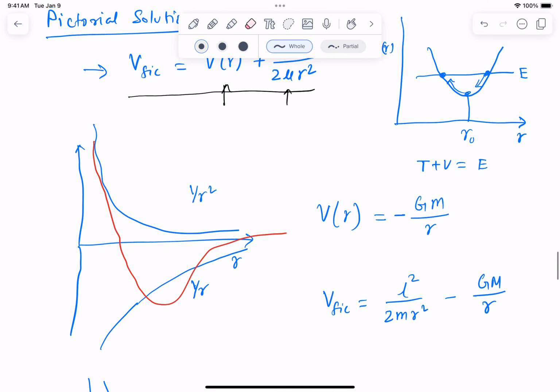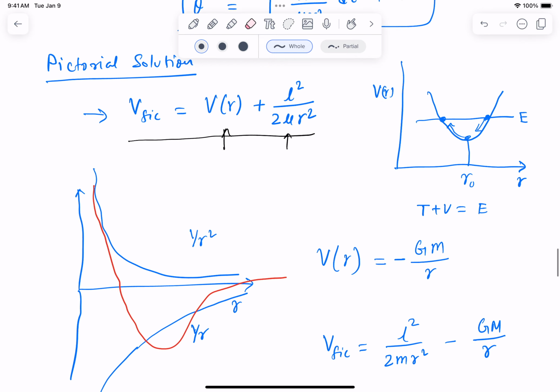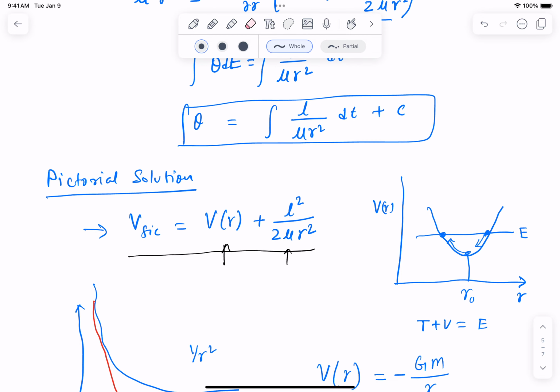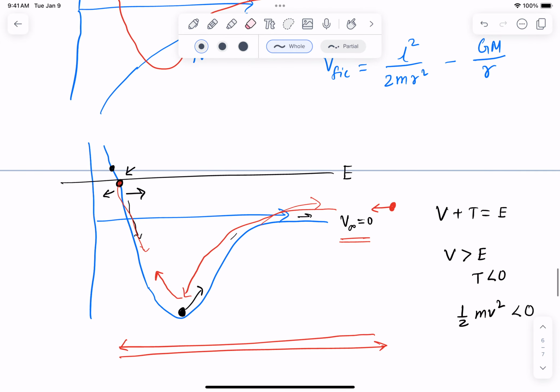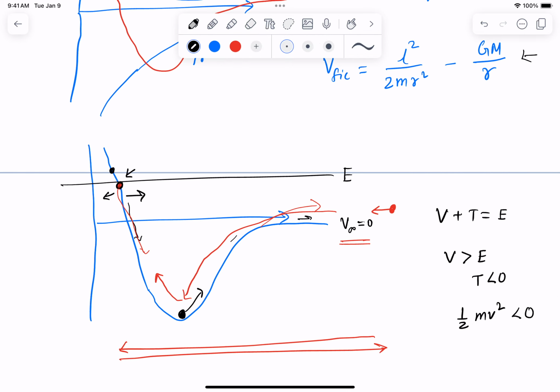We can use the same idea for the fictitious potential, where you draw the combination of both terms, the central force potential and L squared over 2 mu r squared. So that's what we did. We looked at the net combination of the potential for the case of gravity, and then we analyzed different values of energy.